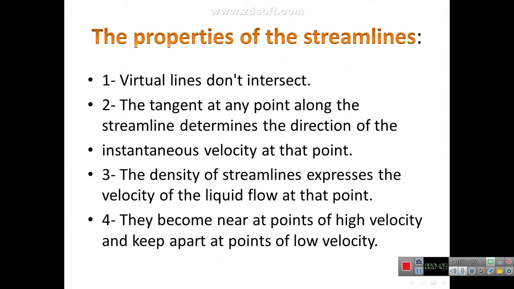Number two, the tangent at any point along the streamlines determines the direction of the instantaneous velocity at that point. Number three, the density of streamlines expresses the velocity of the liquid at that point. Number four, they become near each other at points of high velocity and keep apart at points of low velocity.